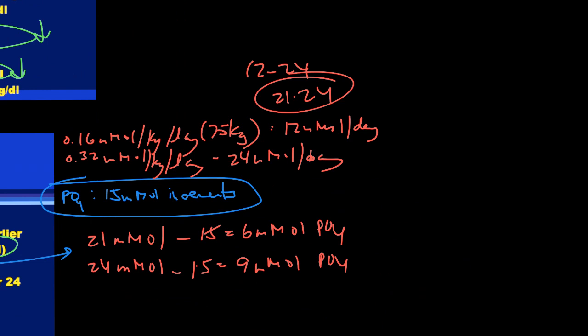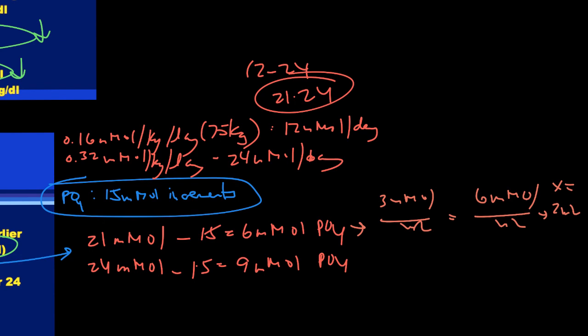So, with 3 millimoles per milliliter, for 6 millimoles you need 2 milliliters.